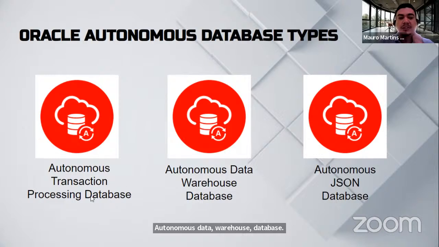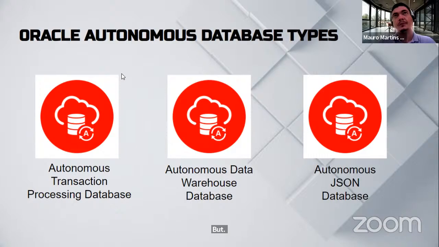Autonomous Transaction Processing is a database for general use. You can create a data warehouse on transaction processing. You can create columns that store JSON objects, but the objective of autonomous transaction processing is processing online applications.